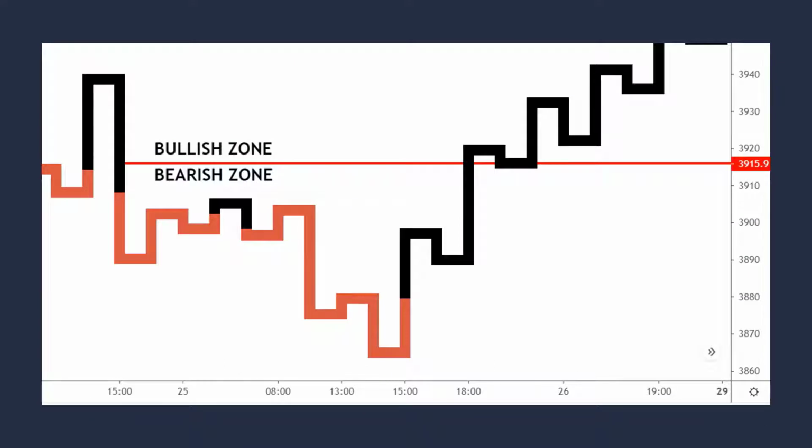Again, sticking with our S&P 500 1 hour chart, we can see on the left hand side there the price has changed from black to red, indicating a bearish sell-off.